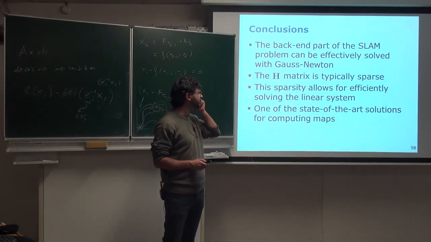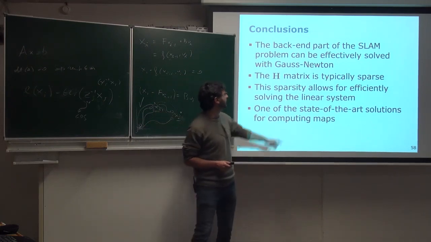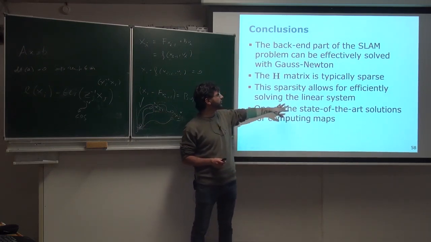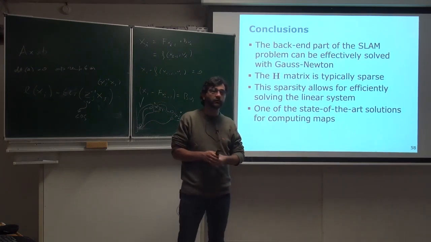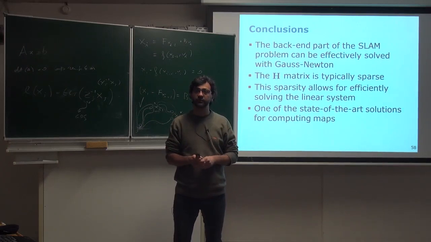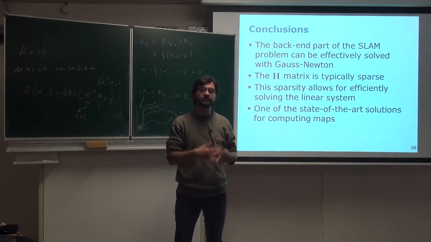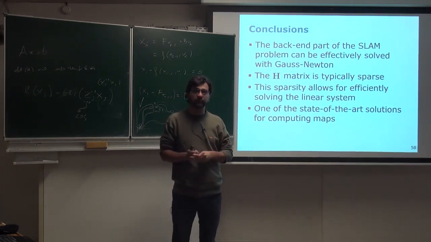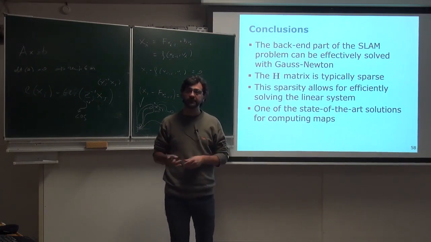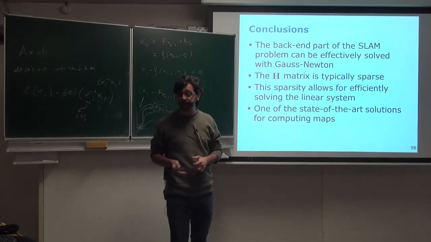And you can use a lot of available tools for solving the linear system. So in principle, you don't need to re-implement the solution for the linear system, but you have tools in MATLAB or in C++, whichever language or framework you want for implementing a SLAM solution.